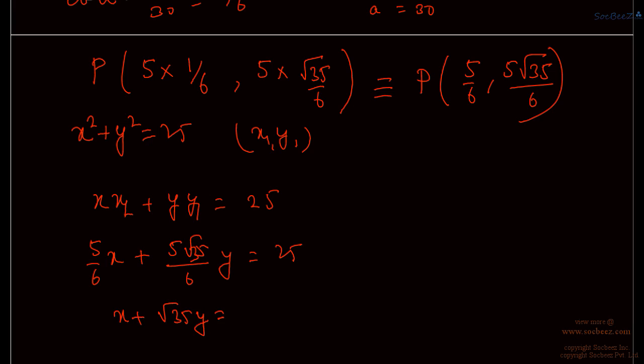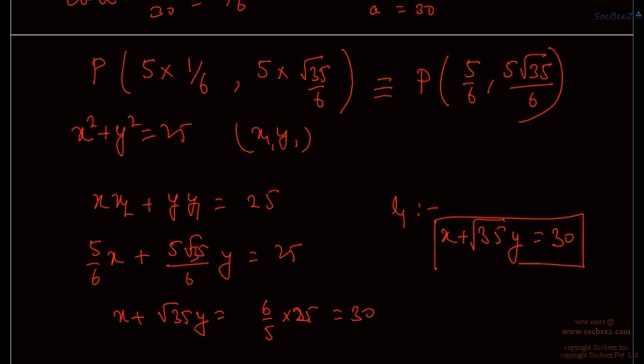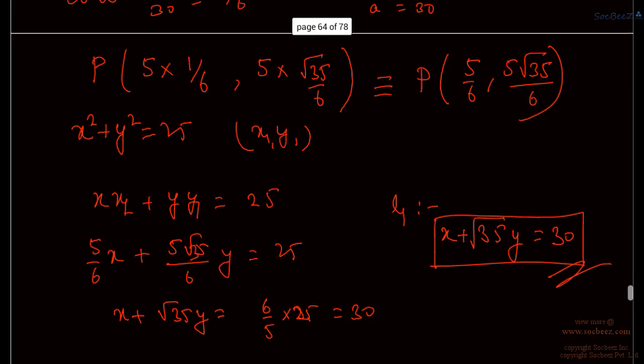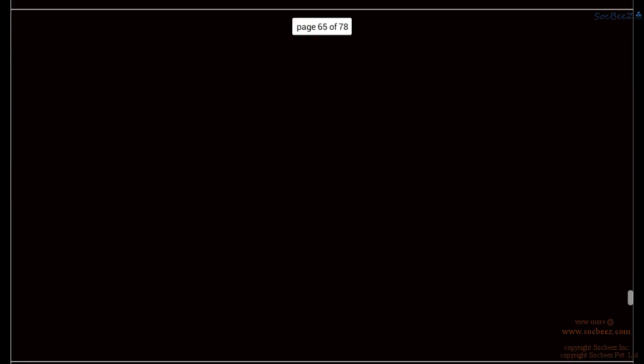Or we have x plus root 35 y is equal to 6 by 5 into 25, which is equal to 30. So we have the equation of line L1 as x plus root under 35 y is equal to 30. Okay. So similarly, you can find the equation of line L2.